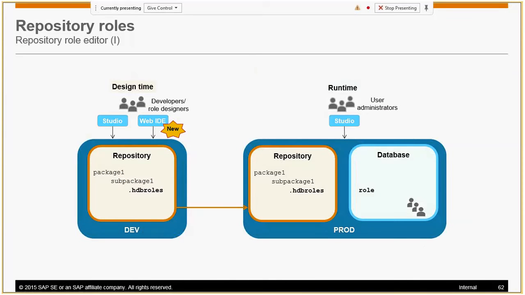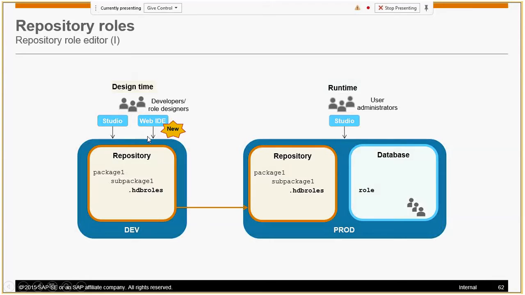Okay, that's how it looks in the system from a transport point of view. So basically what I can do related to repository roles is create the role. I can do that in the studio from a particular perspective called the development perspective, which I can use to work in the repository directly and generate the role.